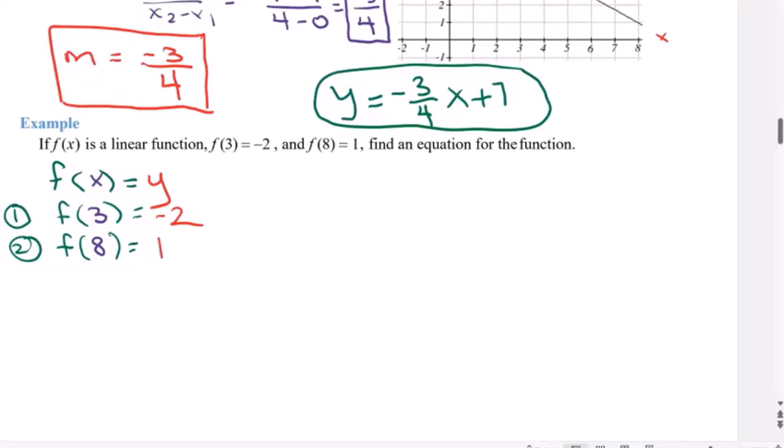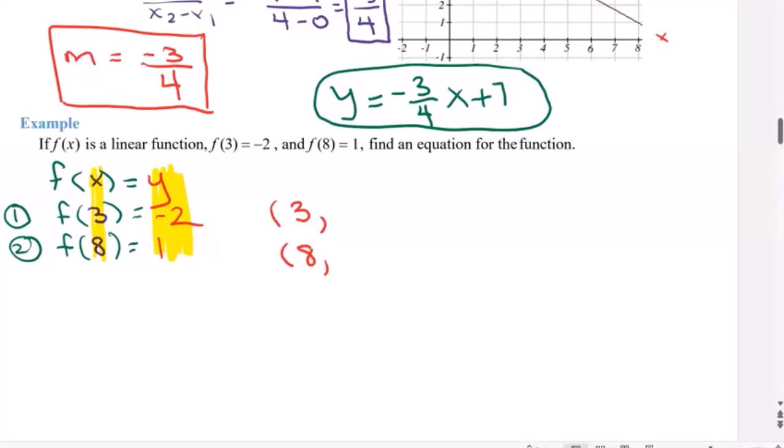So even though it's in a different form, I have an ordered pair. Remember, all these purple are x values. So I have 3, comma, and 8, comma, and all these numbers here are my y values.